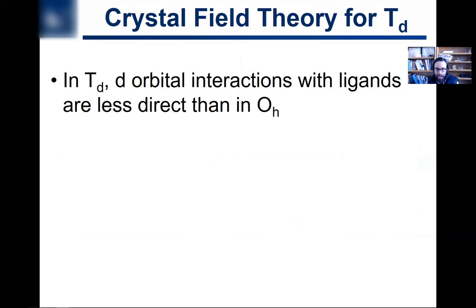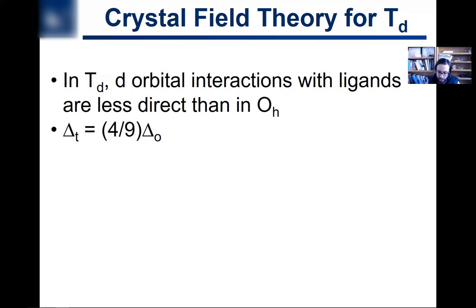It turns out, as we saw pictorially from those images of the interaction, in Td symmetry the d orbitals just interact less directly with the ligands overall than in octahedral. And there's a very simple relationship between the magnitude of delta T and the magnitude of delta O when you're talking about the same ligands and the same metals.